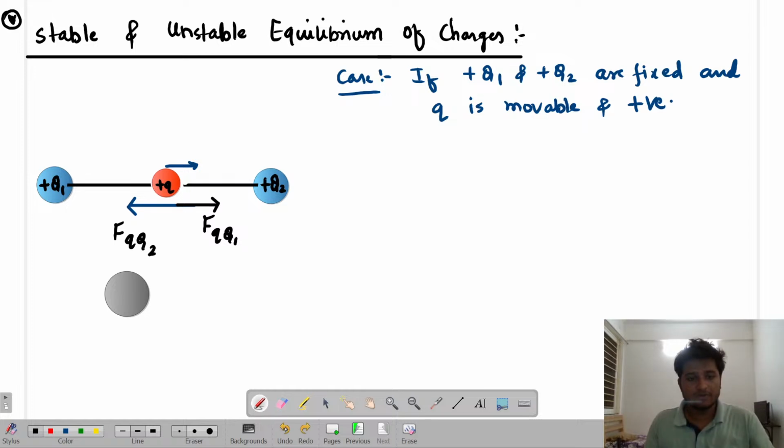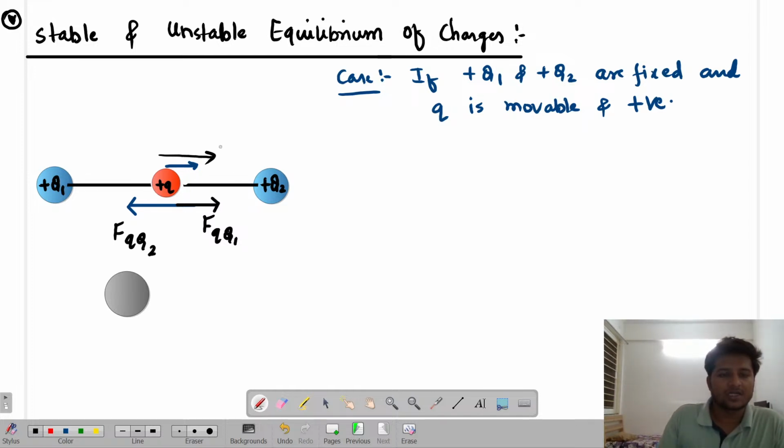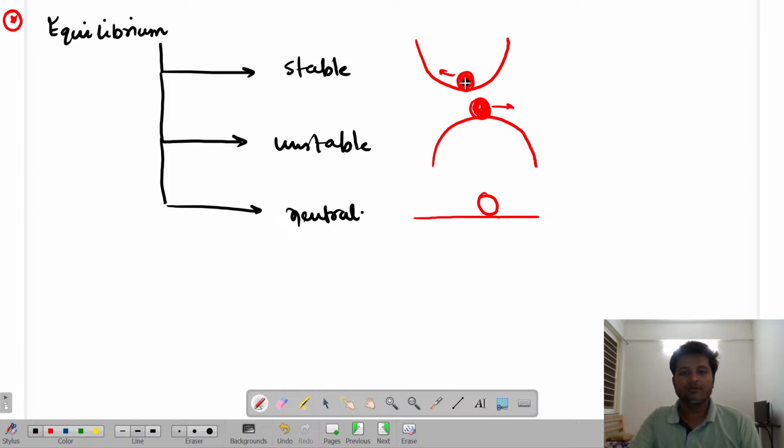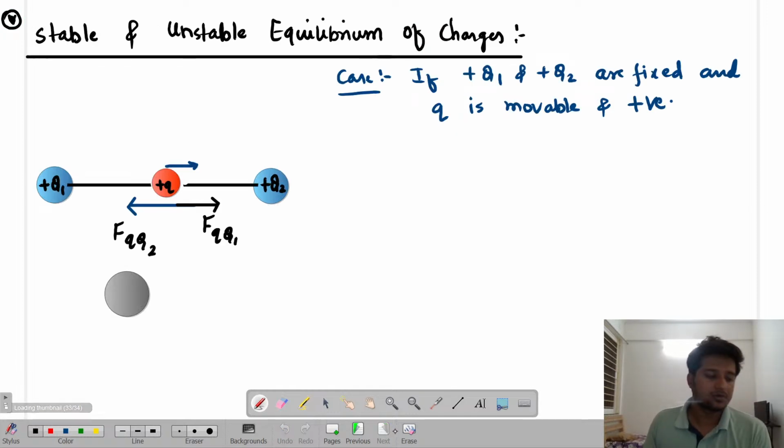So if I move this particle towards the right, it is thrown back to its initial condition once again. Similarly, if I displace it towards the left, it will be thrown back to its initial condition. Whenever the particle returns to its initial position, which kind of equilibrium do we call it? We call it a stable equilibrium. Are you able to get me or not?